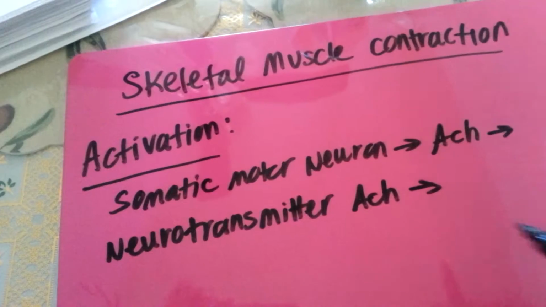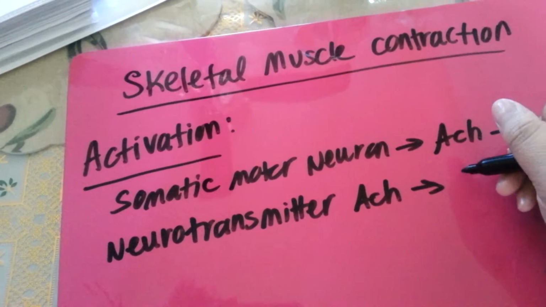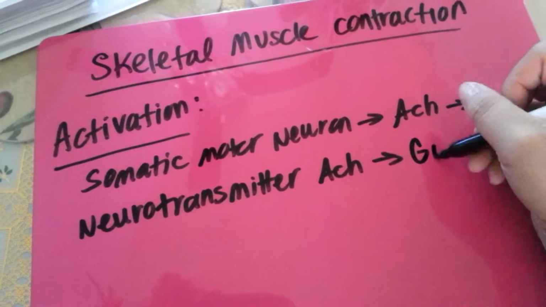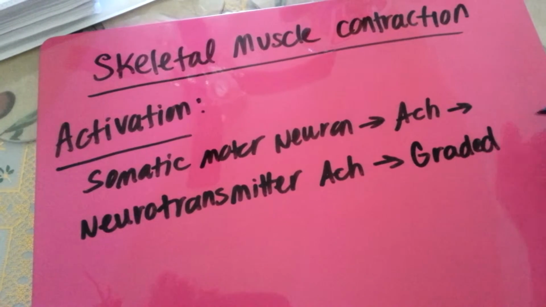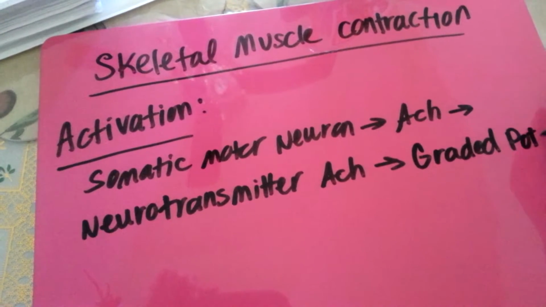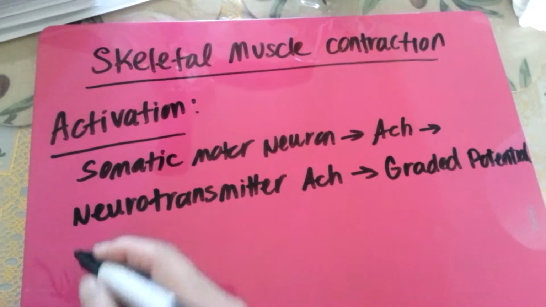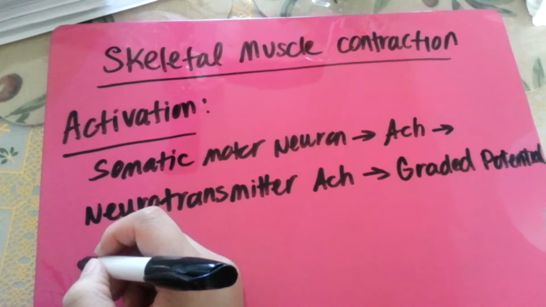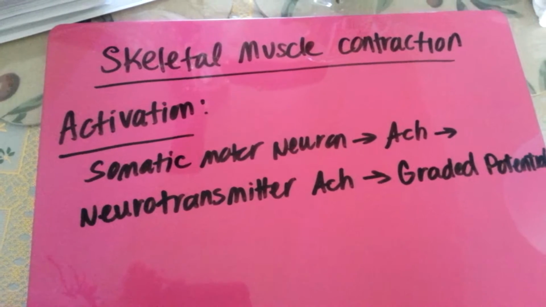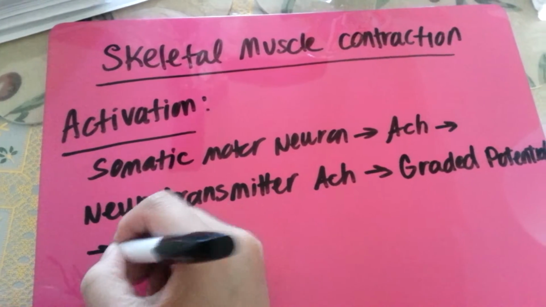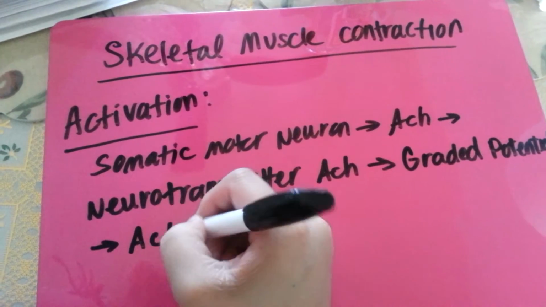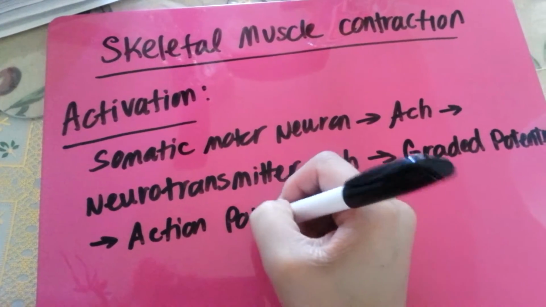And once you get the neurotransmitter ACH, that causes graded potential. Graded potential is going to meet threshold at the axon hillock, and that's going to cause action potential.